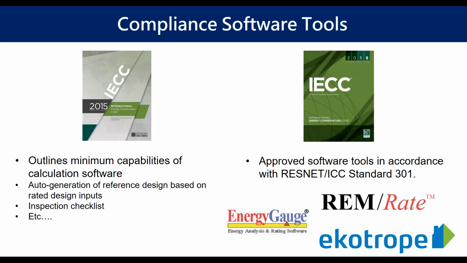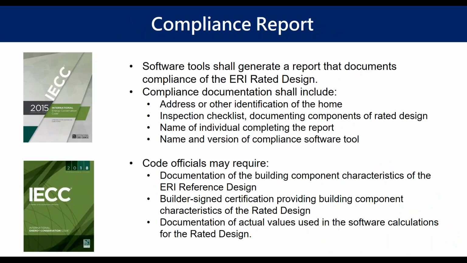I list three of the most common software tools for doing ERI or your HERS index calculations, and that's EnergyGauge, REM/Rate, and Ekotrope. There are other software programs that are approved for doing HERS ratings and ERI, but I'm not aware that those have ever actually been used to do a confirmed rating.